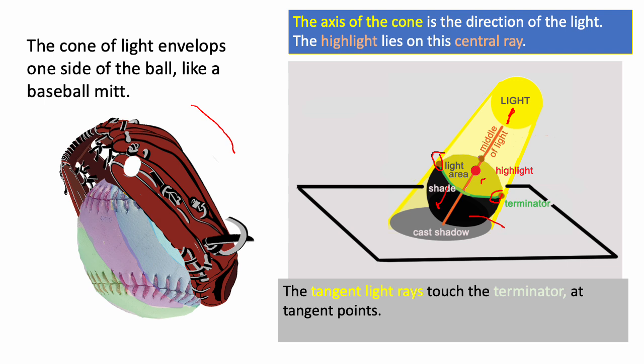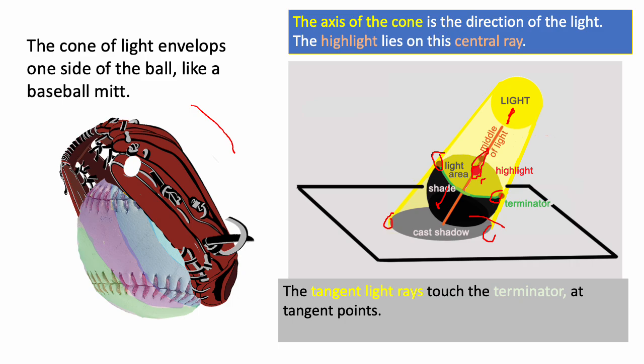Now, some people call the shade the form or core shadow, but I find these terms confusing, so I'm just going to call it the shade. These tangent light rays also hit the two edges of the cast shadow. And the highlight right here lies along the central light ray, closer to the edge of the ball than to the terminator.